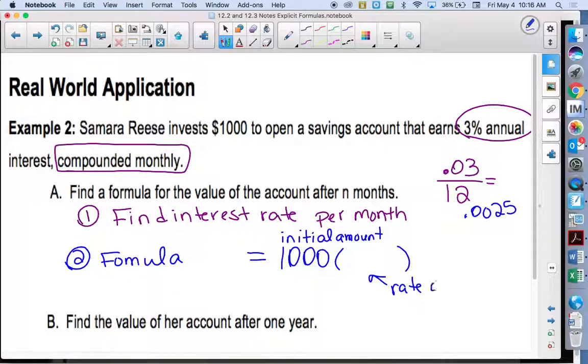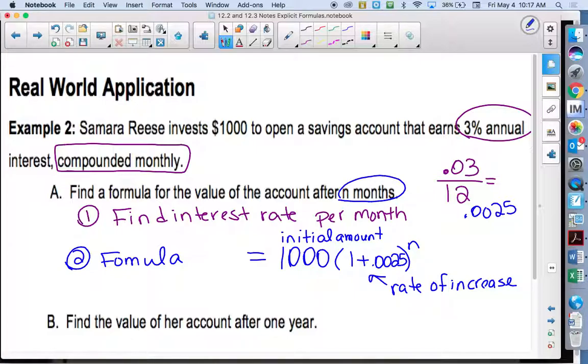That's called the rate of increase. What do you have to put with that rate of increase? Not 1 minus, 1 plus because it's increasing. So then you take 1 plus 0.0025 and then we'll raise that to the nth power because it says n months.